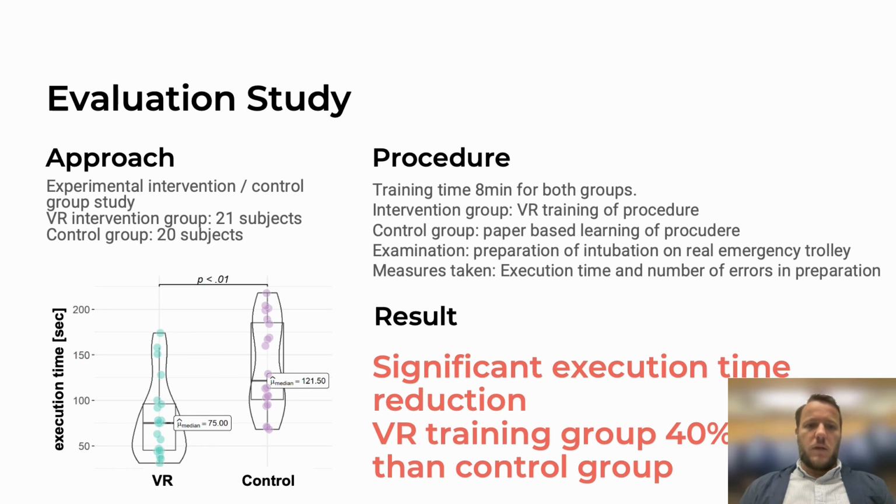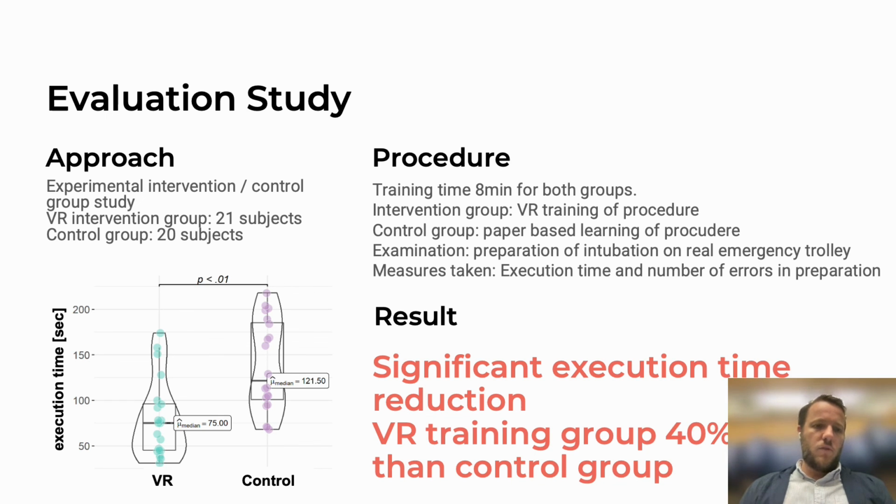In the final examination, both groups had to prepare the intubation on a real emergency trolley, and the measures we took were the execution time and the number of errors that appeared in the preparation. On the lower left, you see the results of the execution time. On the left in turquoise is the median execution time for the extended reality training group.